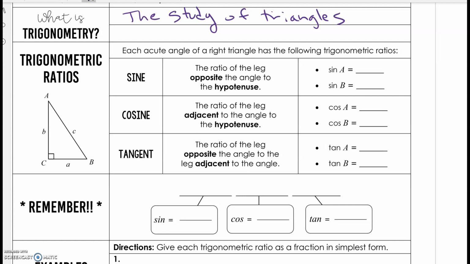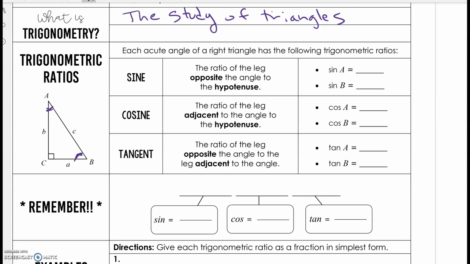Sine, cosine, tangent. So sine is dealing with the ratio of the length of the legs compared to the inside angles. And when I say angles, I just mean the angles other than the 90-degree angle. So in this triangle, we're looking at angles A and B. The ratio associated with the sine function is the length of the opposite leg over the length of the hypotenuse.